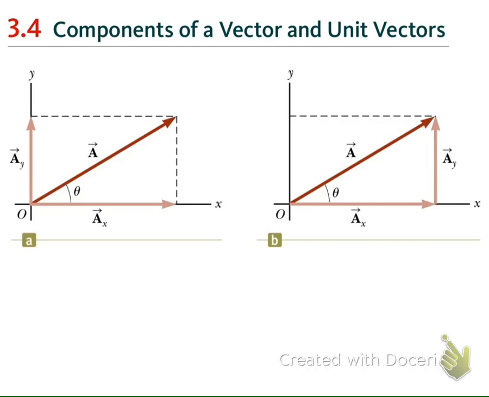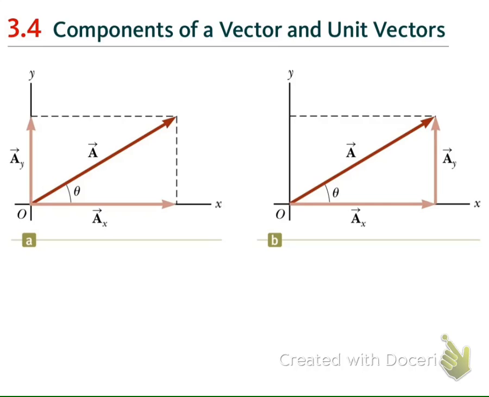Now, let us move to an important concept in vectors, that is the idea of the components of a vector and unit vectors. We will first look at the two-dimensional vector.